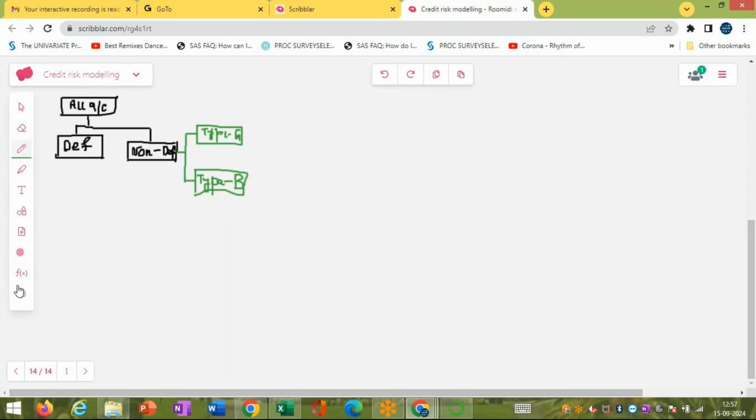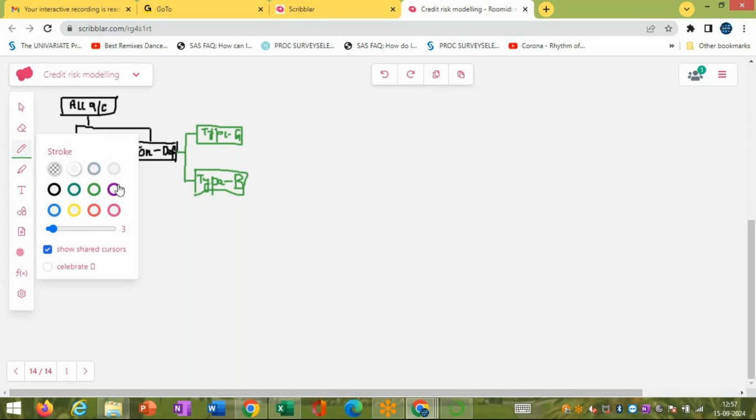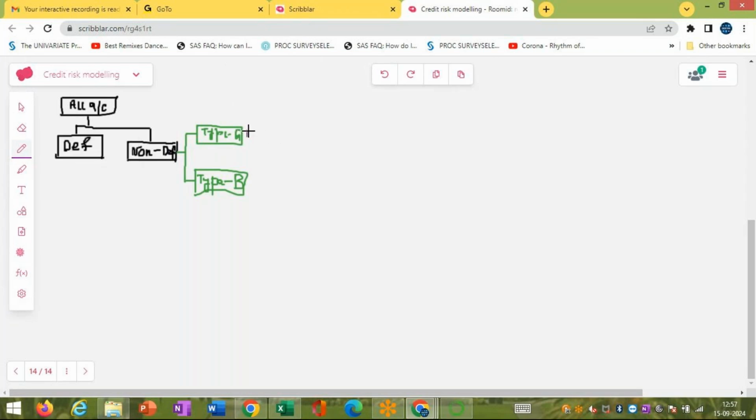Now, obviously, for the type good borrowers, the default or the PD will be something very different than the bad borrowers or the dirty borrowers.